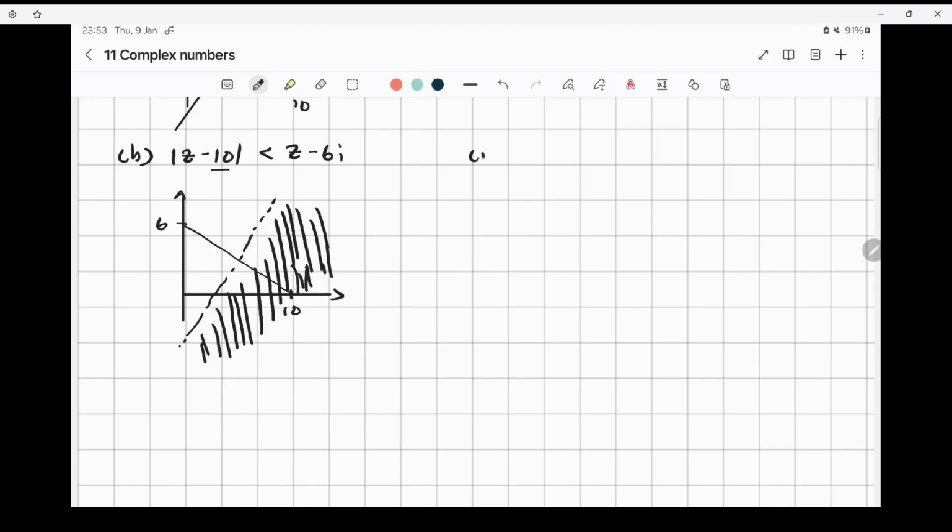So finally, if you have modulus z minus 10 smaller or equal to modulus z minus 6i, you draw the same thing.